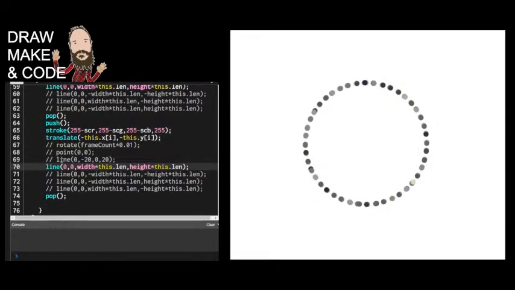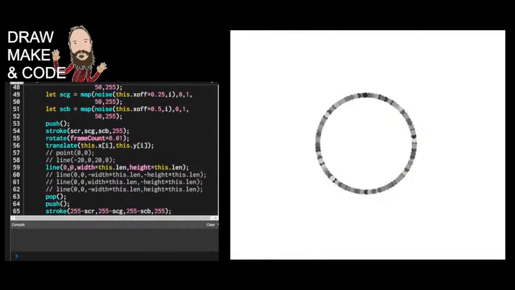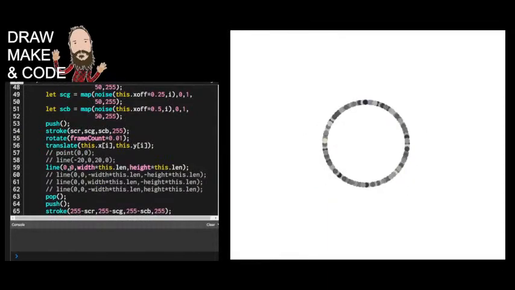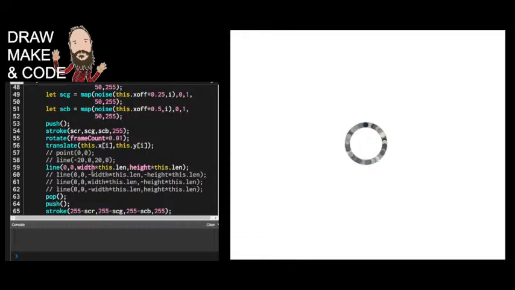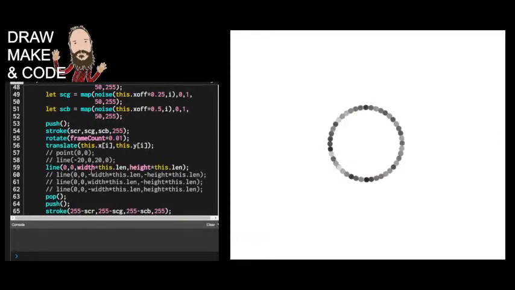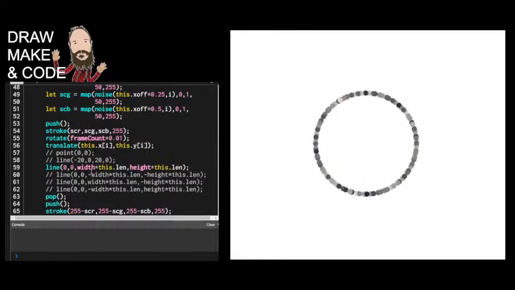Okay, so we're drawing the line from wherever a dot is on that circular path. So dot number 1, dot number 2, wherever it's at, we're going to draw a line from that dot to the width of the screen times a certain length, which is actually going to be a coefficient. So it's going to be a percentage of its width and a percentage of its length. So if we were at the very center of the screen and we drew a line that went to the width and went to the height, that line would go down in a diagonal.